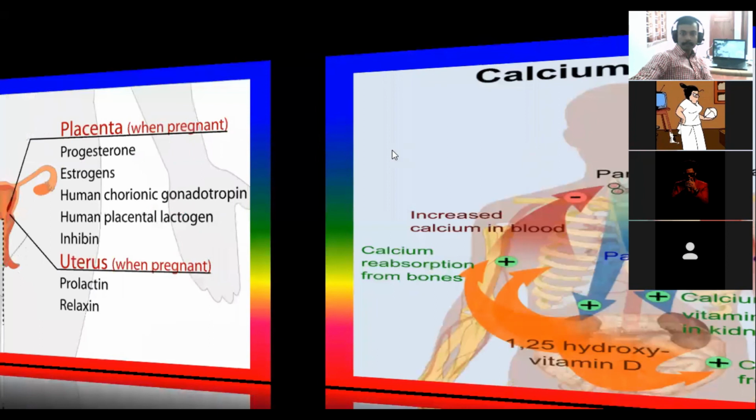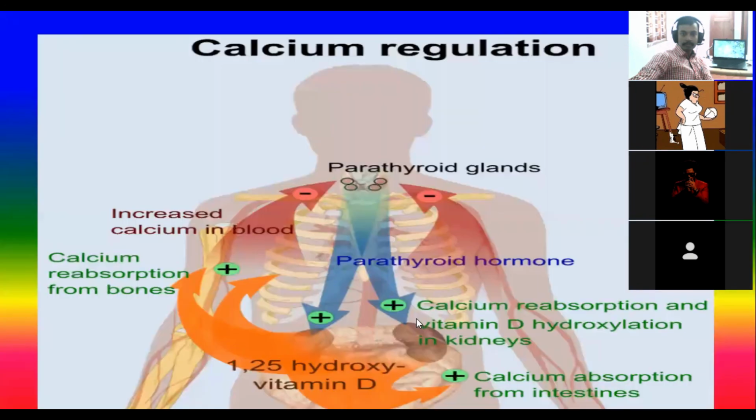And next, calcium regulation. This is how calcium is regulated by these endocrine glands in the body, maintaining the chemical balance of the body. We will learn the physiology detail about it.